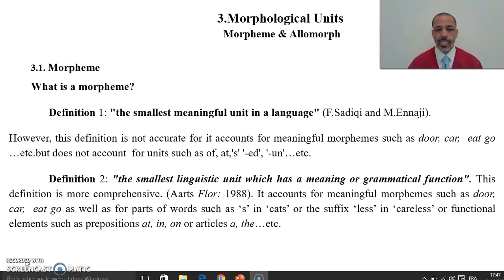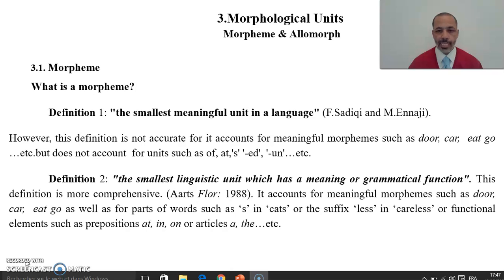However, this definition is not that accurate because it doesn't account for some morphological units which don't have an intrinsic meaning, like prepositions, like inflections, which are added to verbs or to words.